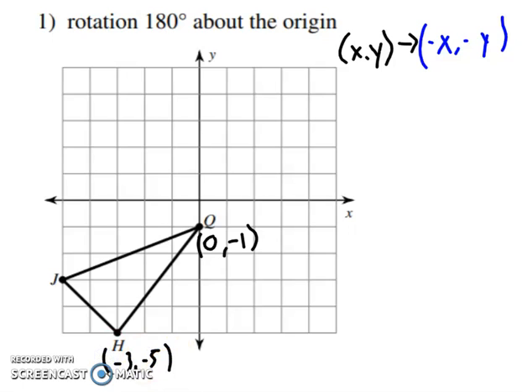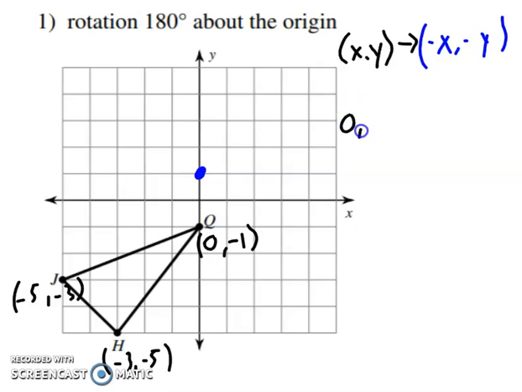And J is negative 5, comma negative 3. So what we're going to do is we're going to take the opposite x and the opposite y, and then we're going to graph it. So starting at Q down here, Q is 0 comma negative 1. Well, the opposite of 0 is still 0, and then the opposite of negative 1 is 1. So we're going to be graphing 0 comma 1.